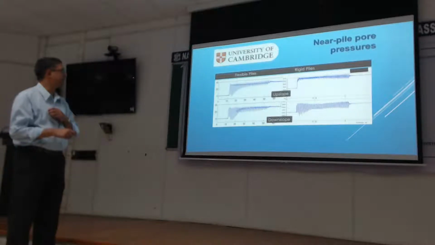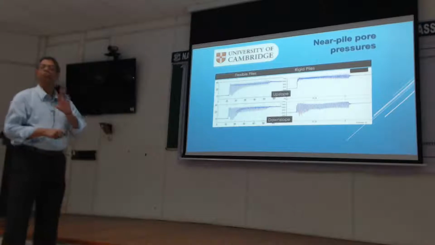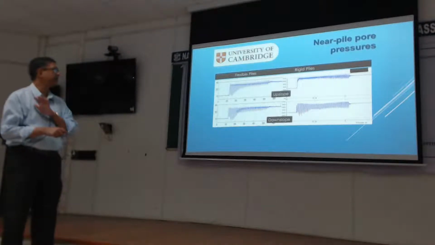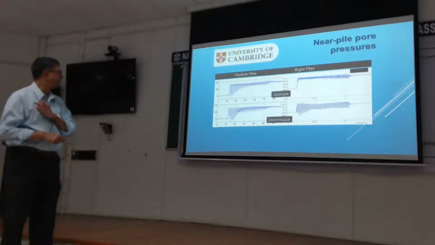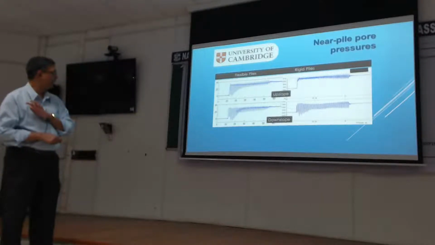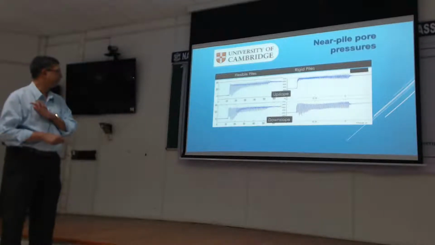And for rigid piles, these are much smaller, and only when the soil starts to move past the rigid pile are you getting some oscillations. Whereas downslope, for the flexible piles, it's even going into absolute suction here and down here. And for rigid piles also, it's very comparable.